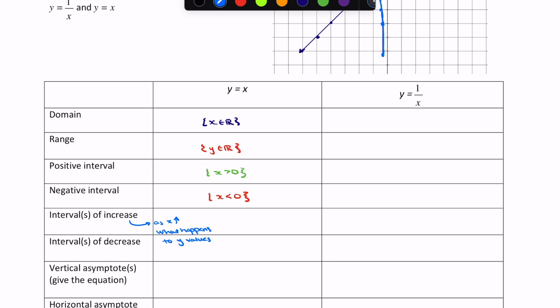If the y values are decreasing when the x values are increasing, then that's the intervals of decrease. So here we see that our intervals of increase are x an element of real numbers. Anytime the x values increase, the y values are increasing. Here we see that for the intervals of decrease, there is none.